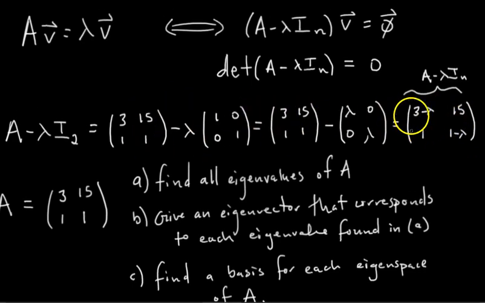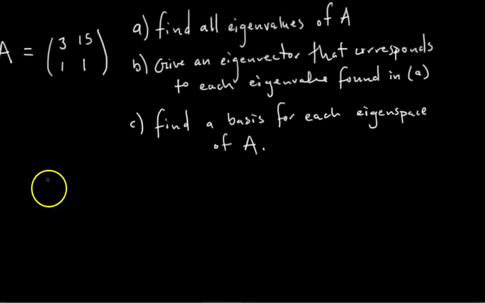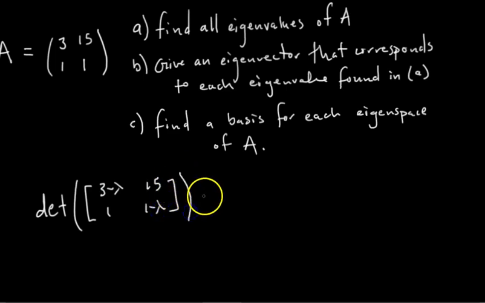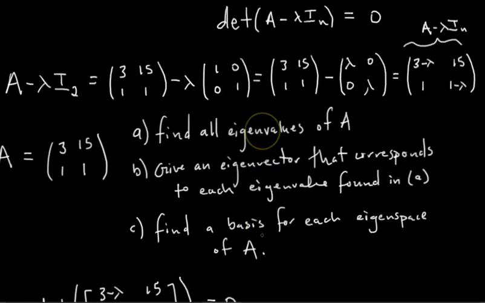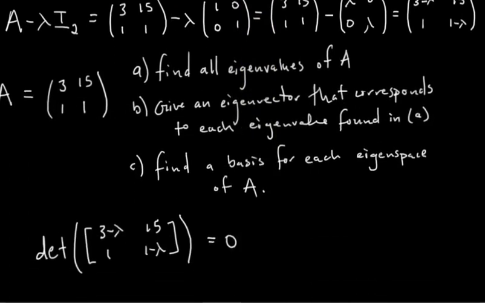So we have this matrix, and in order to find the eigenvalues of the matrix A, we have to set the determinant of A minus lambda I_n equal to 0. Let's set the determinant of that matrix equal to 0, because when the determinant equals 0, we have non-trivial v's that satisfy this equation, which means we have non-trivial eigenvectors.